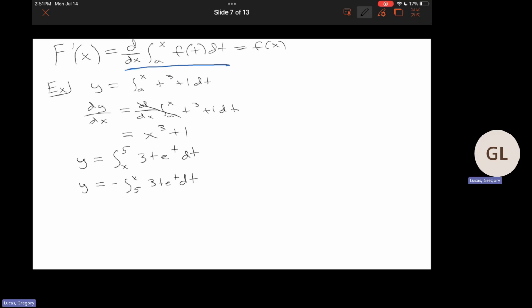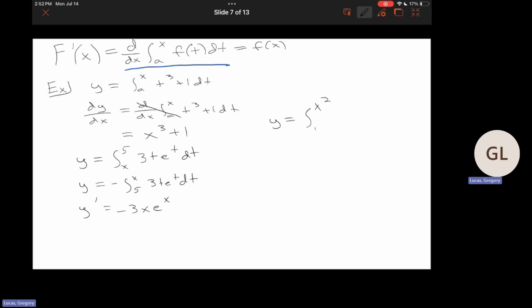And then when I take the derivative, I can just plug in x. So I have minus 3x e to the x. So as long as we have any constant as the lower limit, x as the upper limit, we just plug in x. The one caveat is if I have something like this.